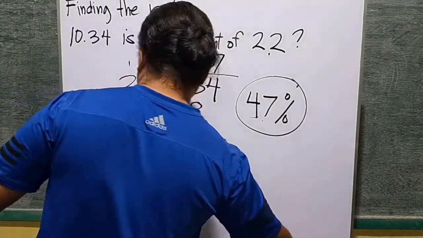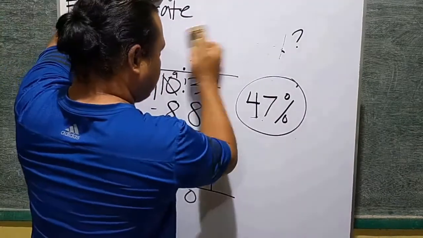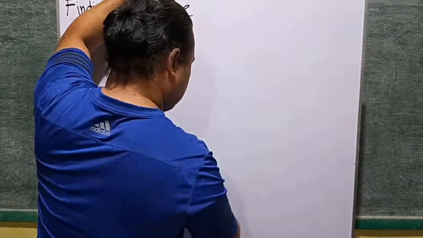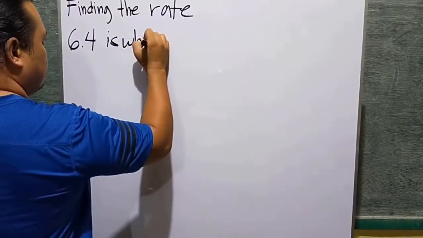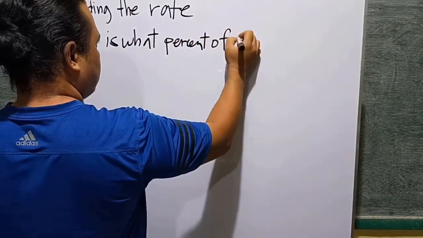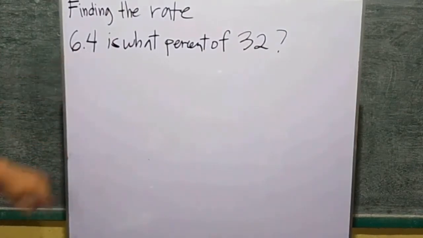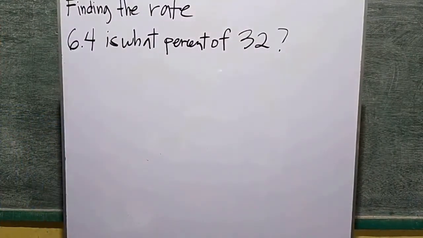Okay, so let's have some more examples. 6.4 is what percent of 32? Now we are looking for the rate, because 6.4 is the percentage while 32 is the base.